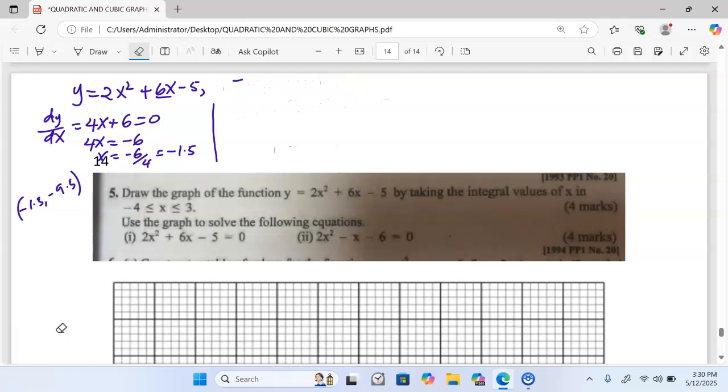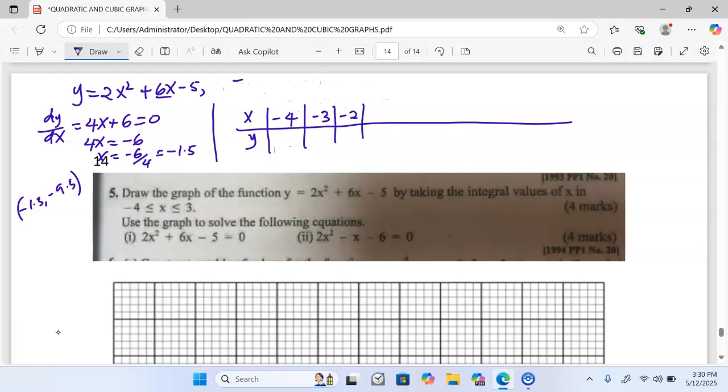So we are going to make a table having the values of x and y. The values of x range between −4 and +3. So we begin with −4, −3, −2.